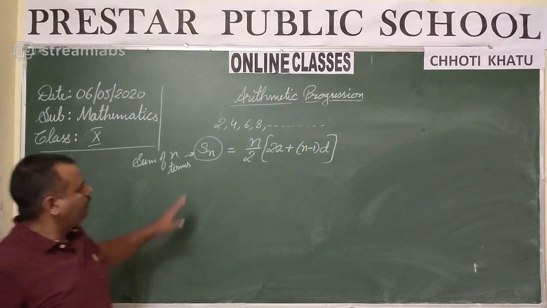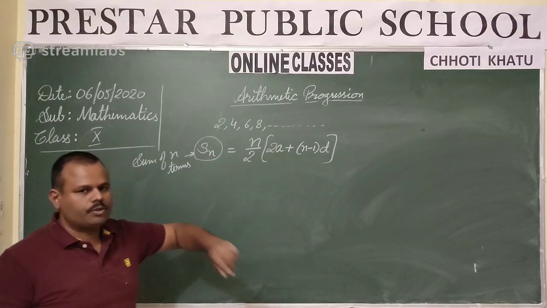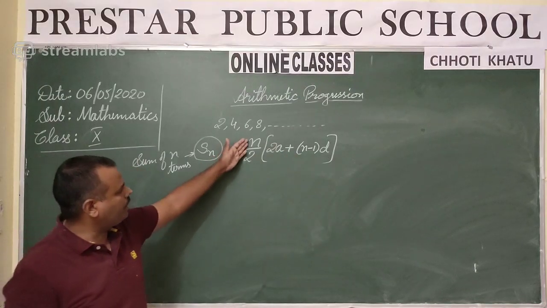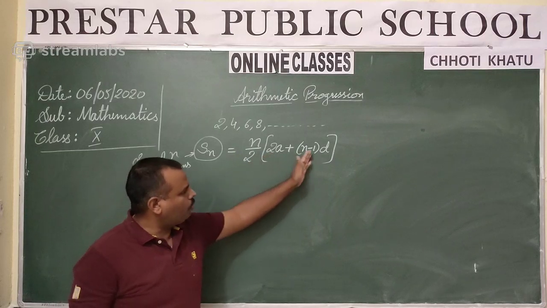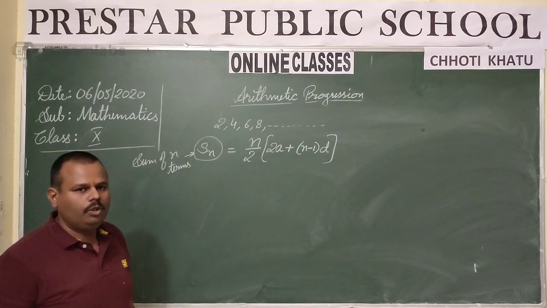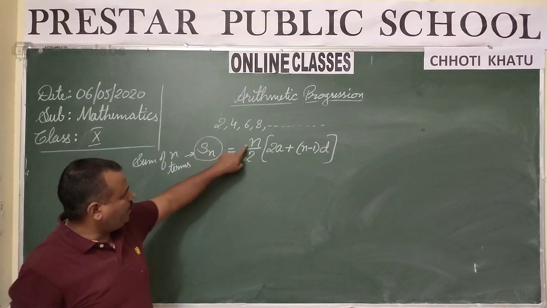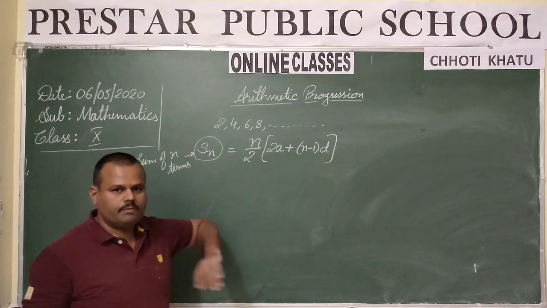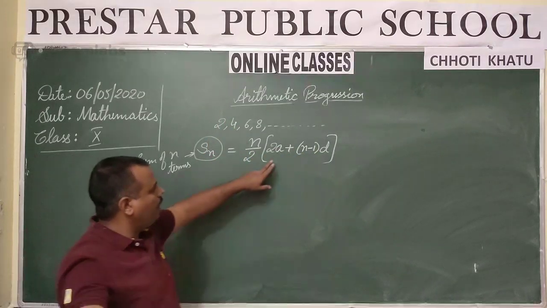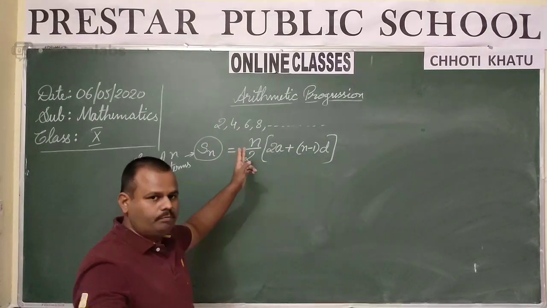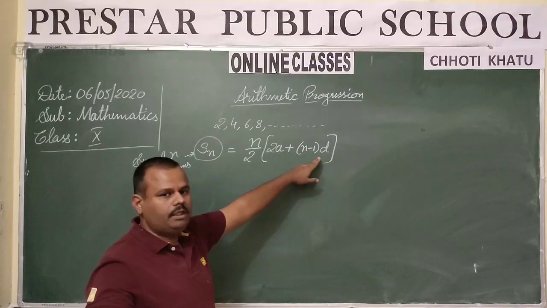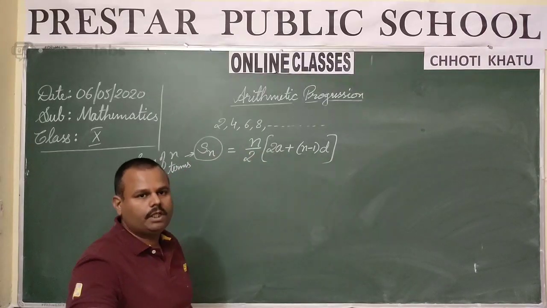So if you want to find the sum of n terms, it can be taken as n upon 2, 2a plus n minus 1 into d, where n is the number of terms which you have to add, a is the first term, and d is the common difference of the AP.